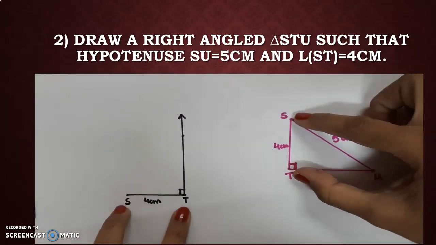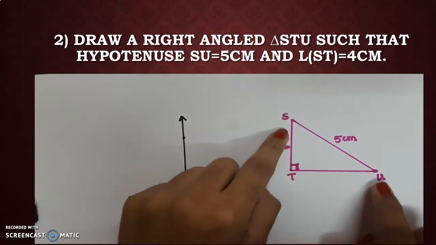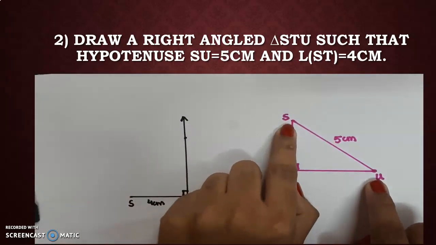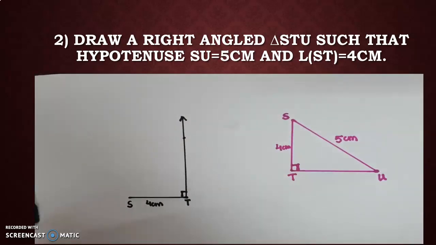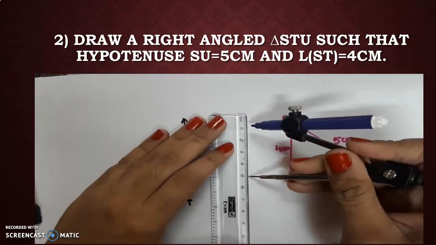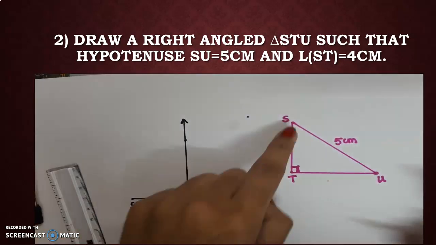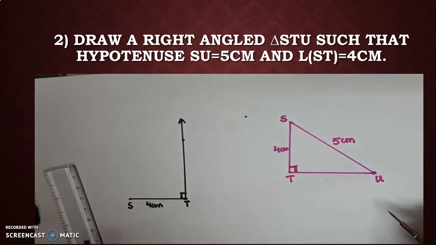Now my ST segment is done. I have finished with angle T. Now what is left to draw is SU. SU is given as 5 centimeters. So we will take the compass and open it 5 centimeters with the help of a scale.